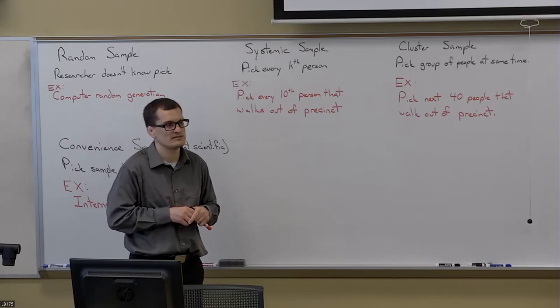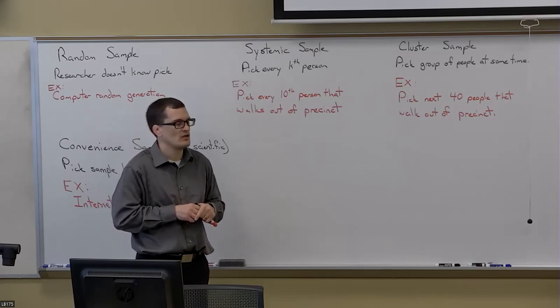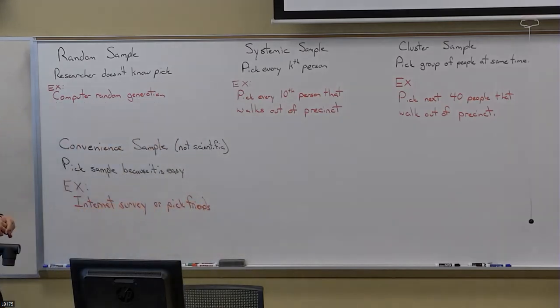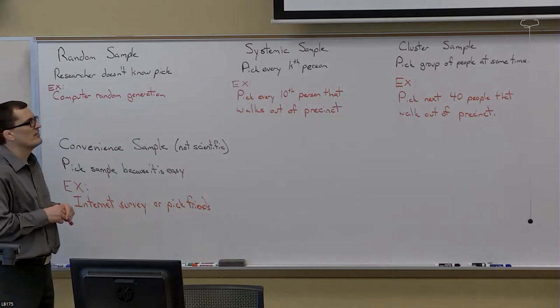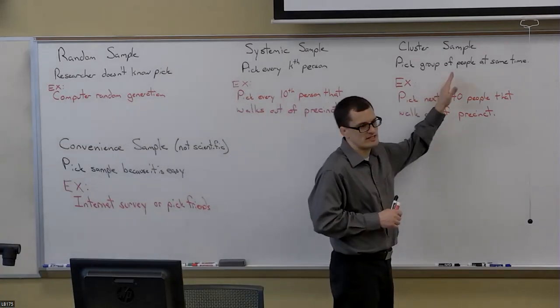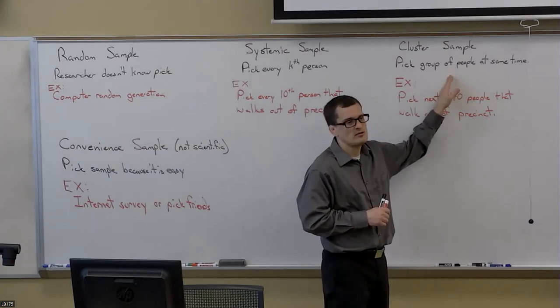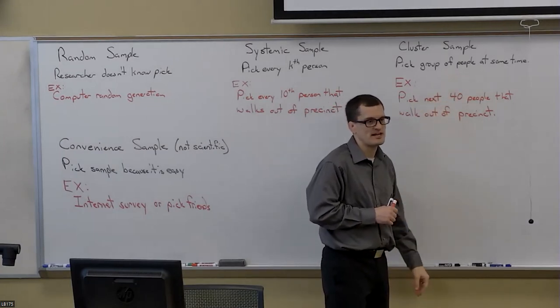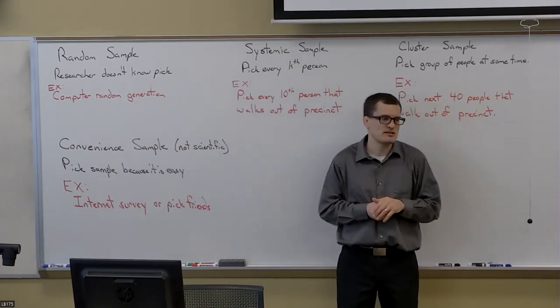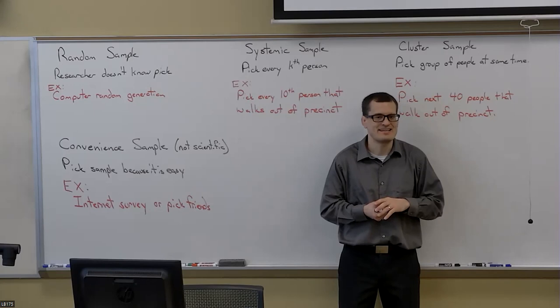Does that make sense? So be careful about the timing of cluster samples. They can be done, and it's fine to do cluster samples. They are scientific when they're done right, but timing does impact. And there's famous examples of people doing cluster samples and getting things wrong.